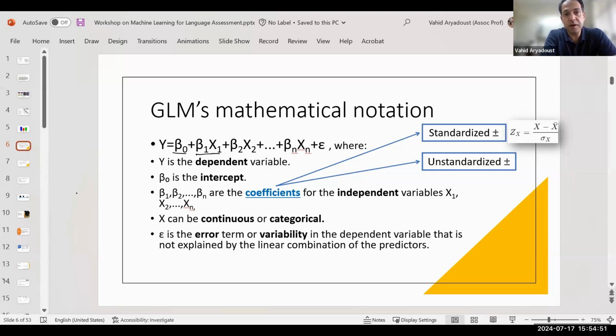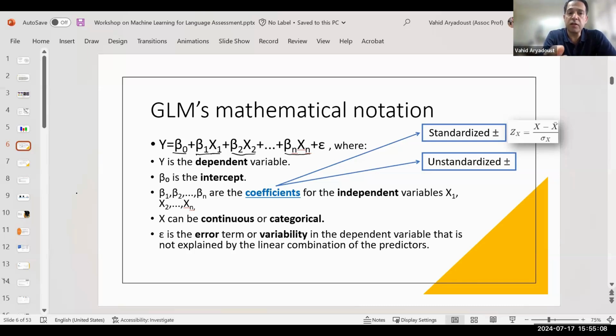The second independent variable is represented as x2, and of course its own specific slope is beta 2, and so on and so forth, all the way up to beta n xn plus error.